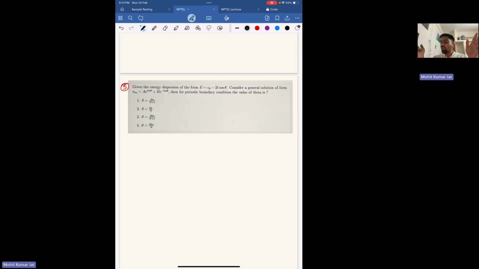So if you bring the atoms closer and allow hopping, the dispersion turns into E naught minus 2t cos theta, where the solution is of the form A e to the power i m theta plus B e to the power minus i m theta.